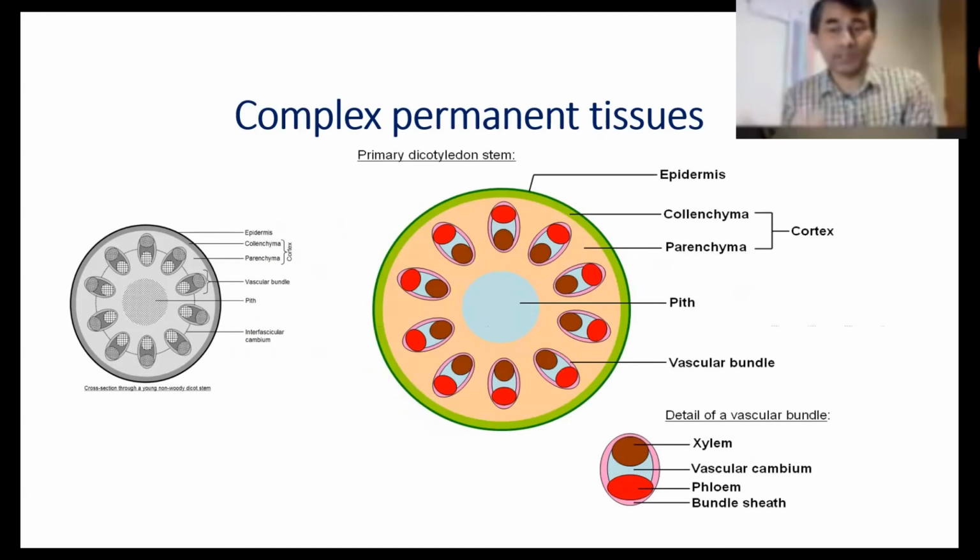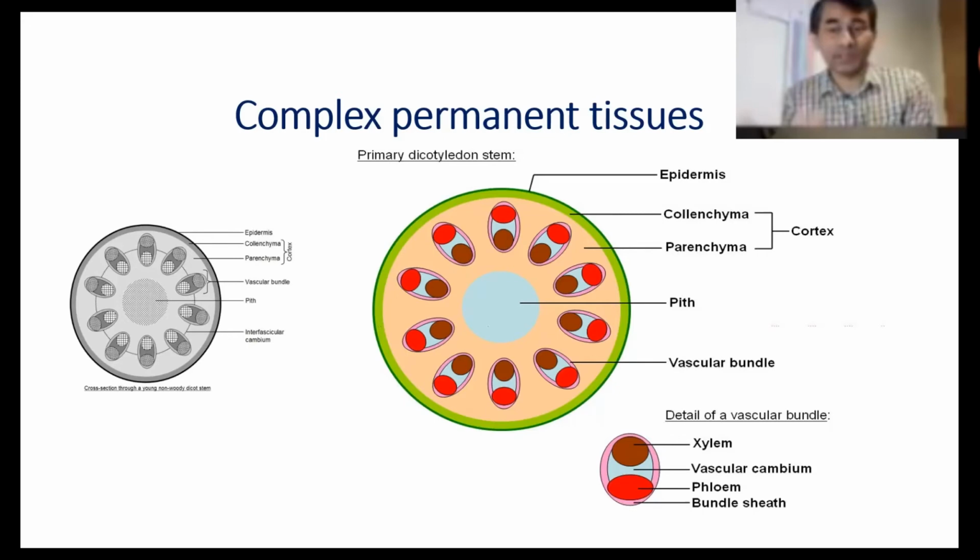Look at the bottom of this diagram. What is the vascular bundle? What does it contain? It contains xylem on the inside of the circle and phloem is outside.